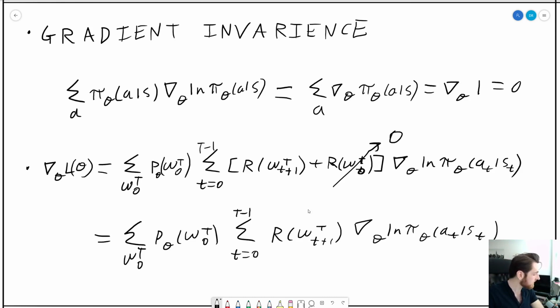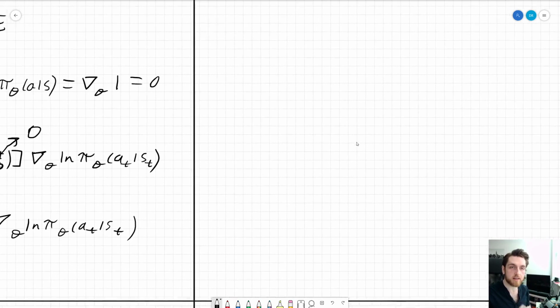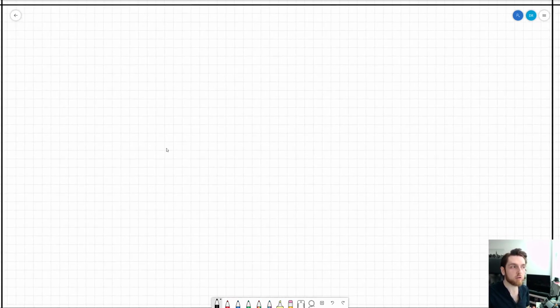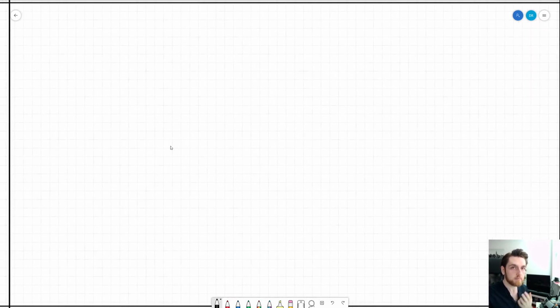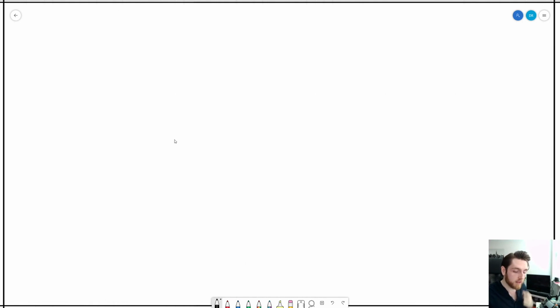So now what we have instead is an equation for the gradient which has the exact same value as our old equation for the gradient. The difference being that this only moves in the direction of the future.